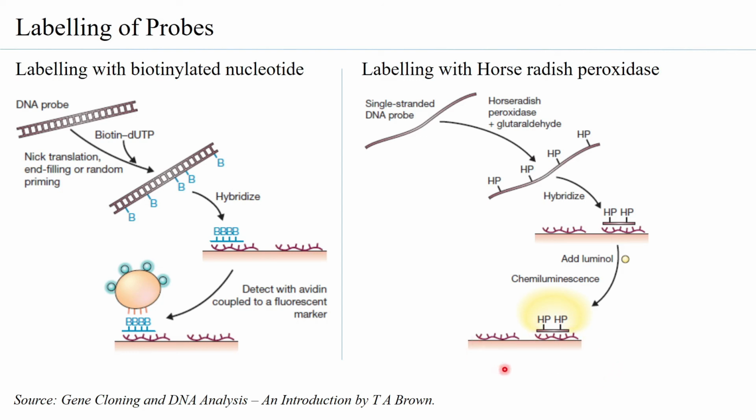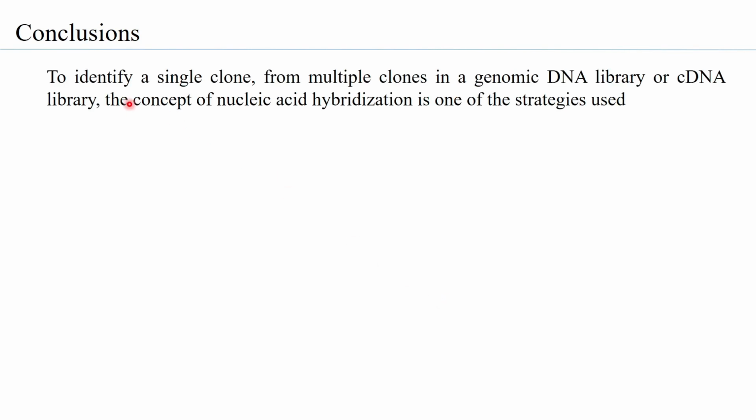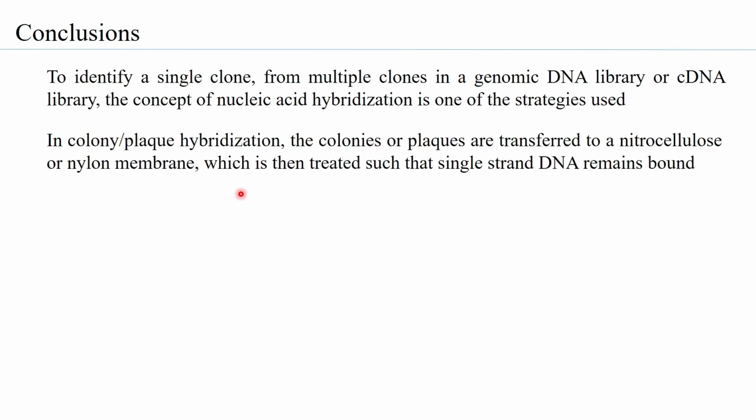So this is about how probes are essentially important for hybridization, colony hybridization, and plaque hybridization. So let us make the conclusions. To identify a single clone from multiple clones in a genomic DNA library or a cDNA library, the concept of nucleic acid hybridization is one of the strategies used.